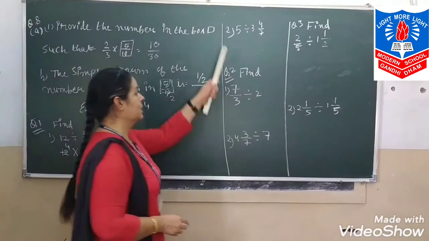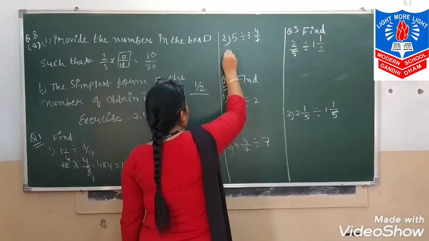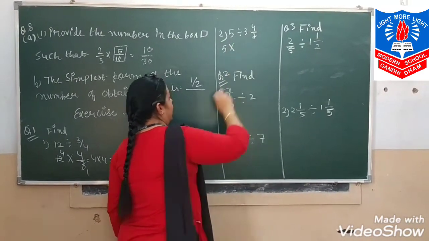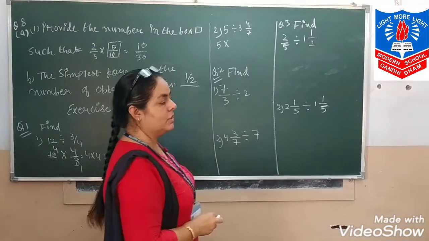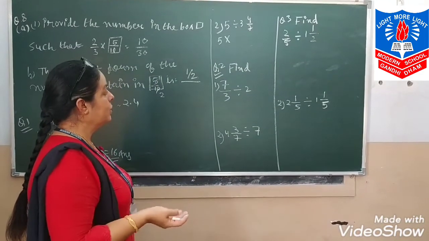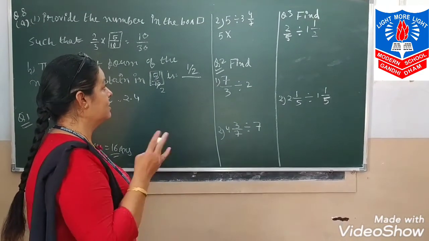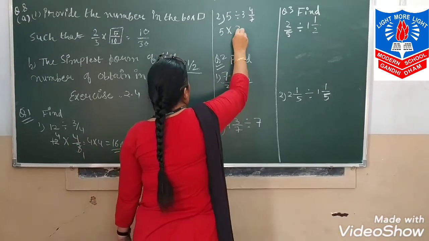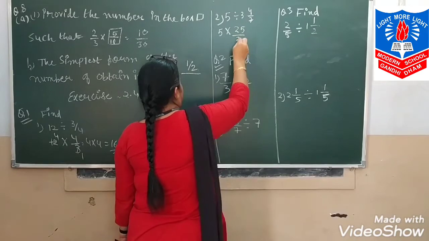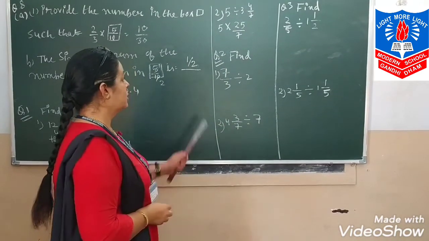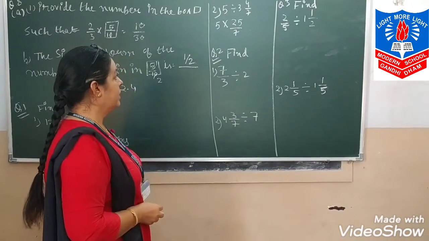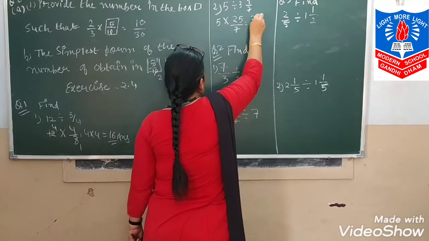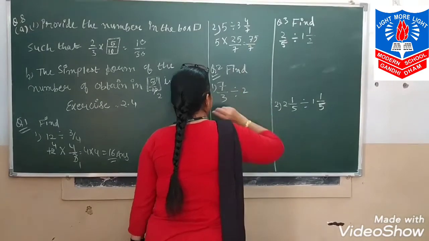Then the second one. I convert division into multiply. Here a mixed fraction is given first, so I convert it into a simple fraction. 3 sevens are 21, 21 plus 4 is 25, so 25 upon 7. 7 is a prime number, it is not reduced by any number. 25 threes are 75, so 75 upon 7.